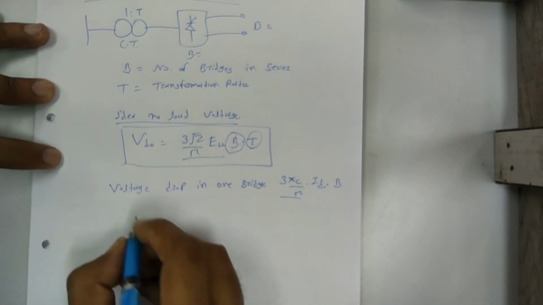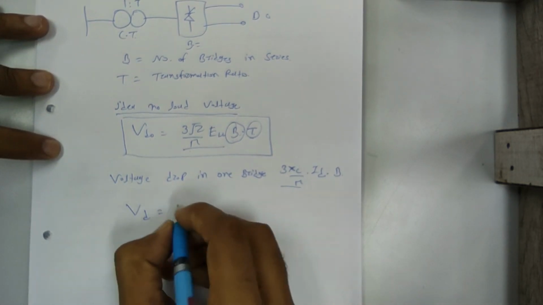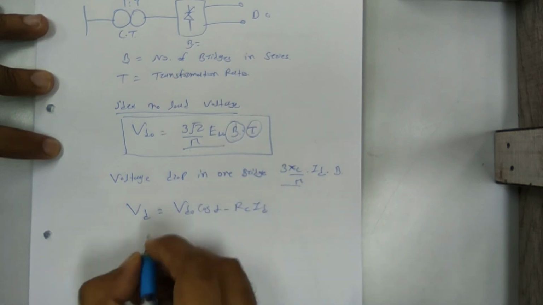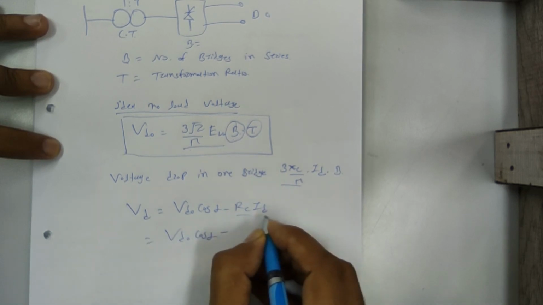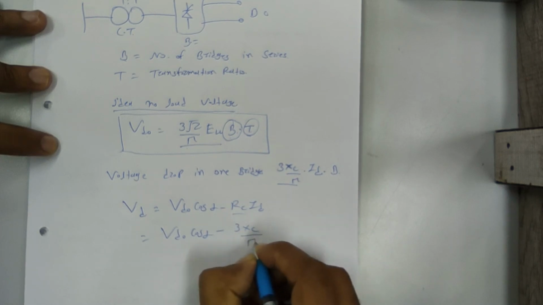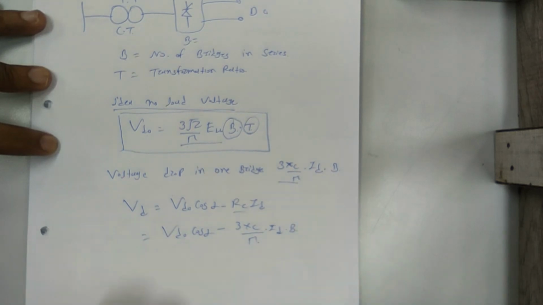Clear? So now, as we know the equation of direct voltage, VD is equal to VD0 cos alpha minus RC ID. So VD0 cos alpha, and this voltage drop is nothing but 3 Xc divided by pi into ID into B. Clear?